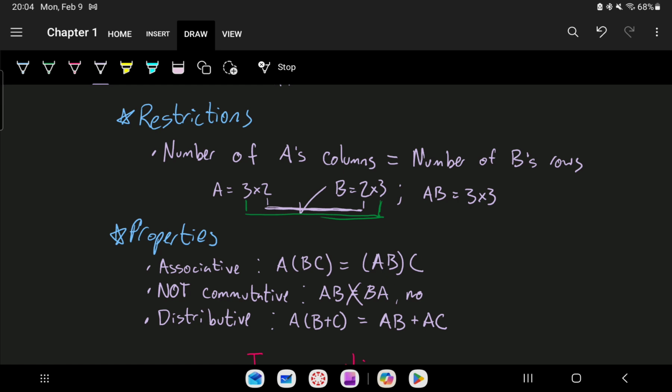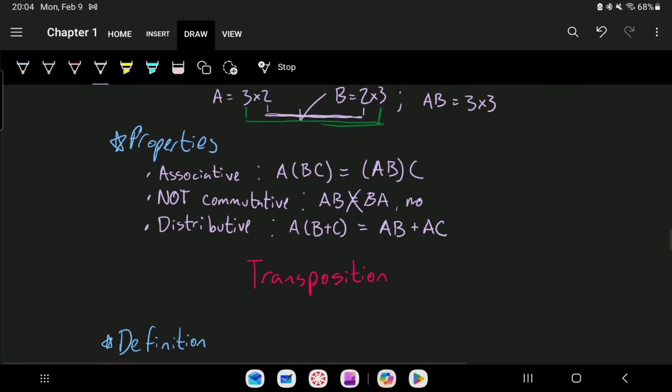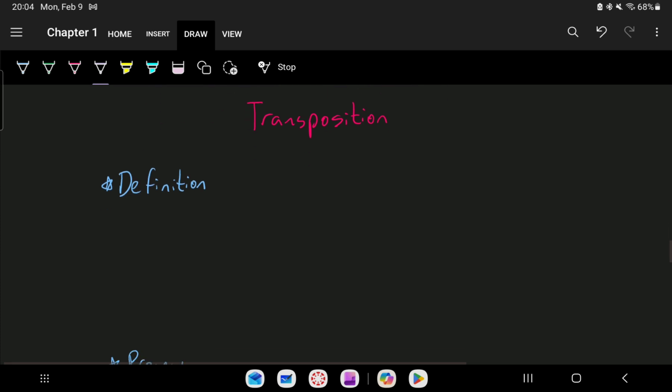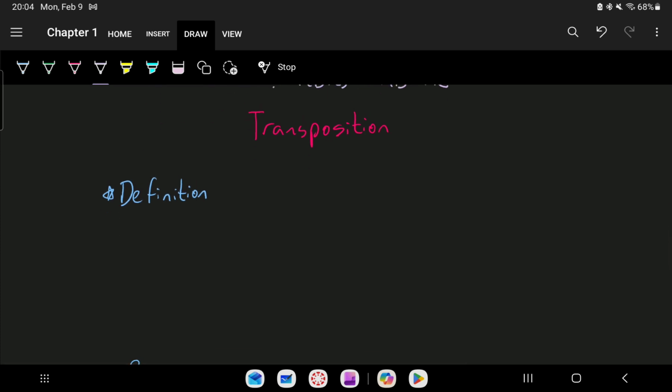Alright, so I know that's kind of a lot, but there is just one more thing we need to talk about before we dive into actually putting this into practice, and that is going to be the idea of transposition. Thankfully, this is quite a bit easier than the multiplication that we just looked at.